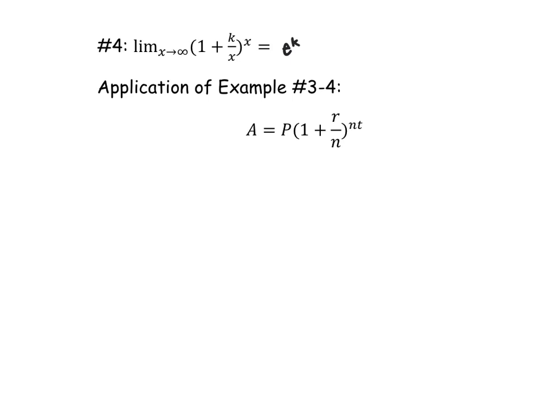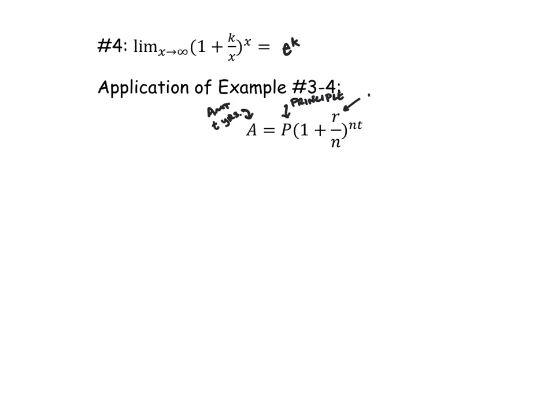Recall that this is the formula used for compound interest, right? It could be in the form of money, it could be in the form of bacteria, population, whatever. Where this is the amount, this is the starting point or principal. So this is the amount after t years, or t units of time.